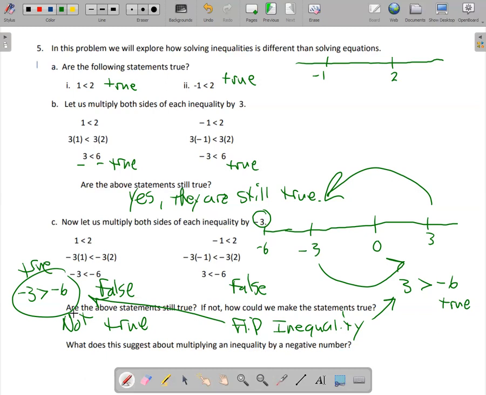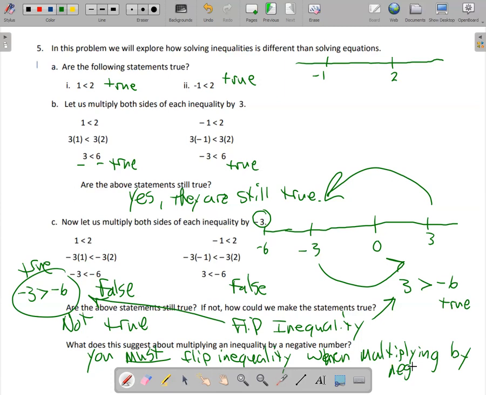You must flip the inequality when you do that. When multiplying by negatives, again, if you multiply by a negative number, you've got to flip the inequality after. And it turns out dividing by negatives, same idea.